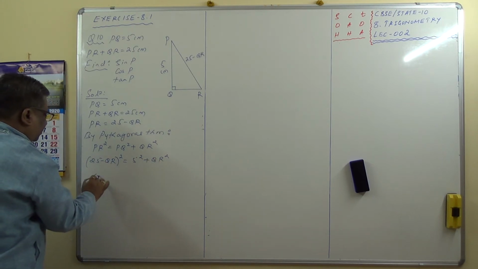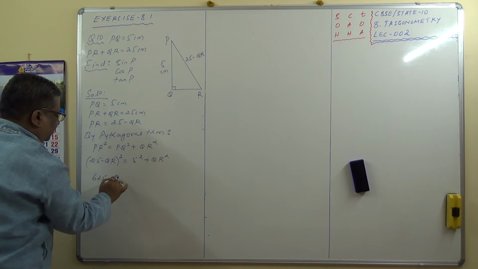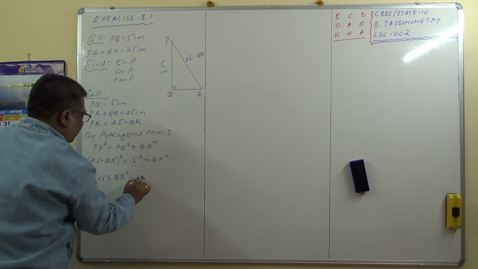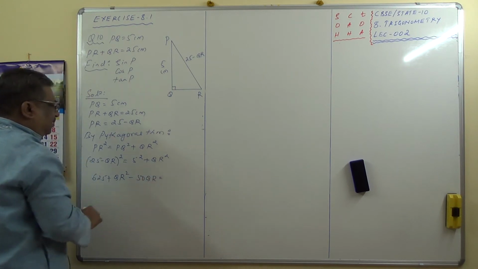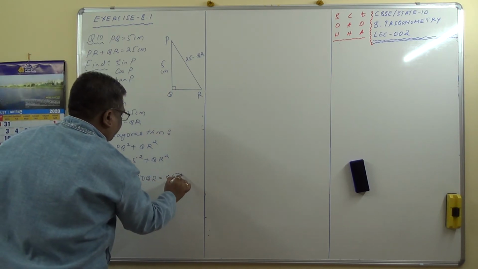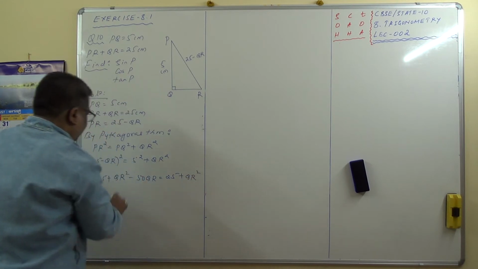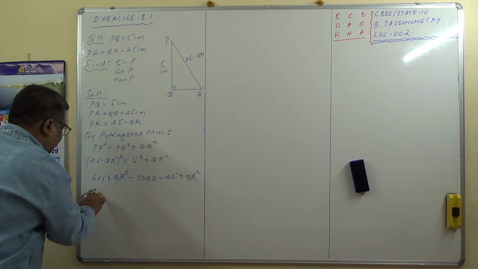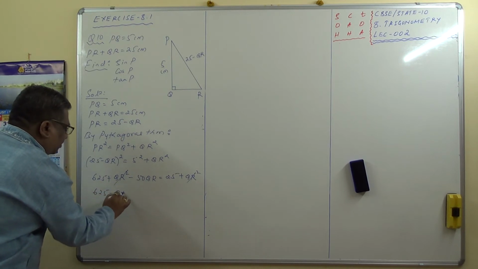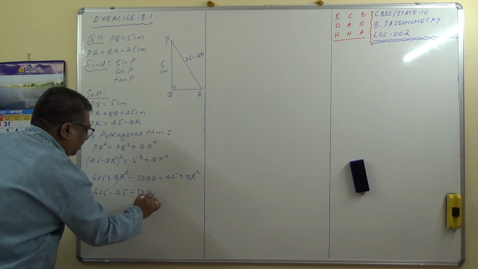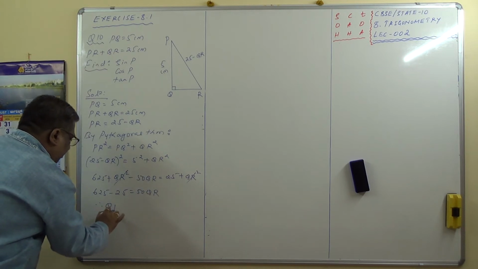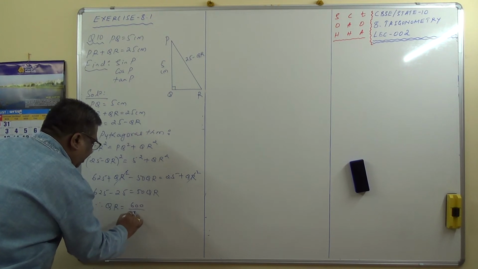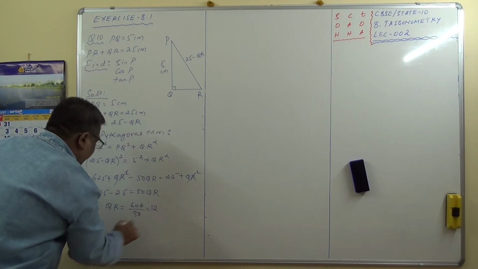So this is 625 plus QR square minus 50 QR equals 25 plus QR square. This and this will cancel. So 625 minus 25 equals 50 QR. Therefore QR equals 600 divided by 50, which is 12.